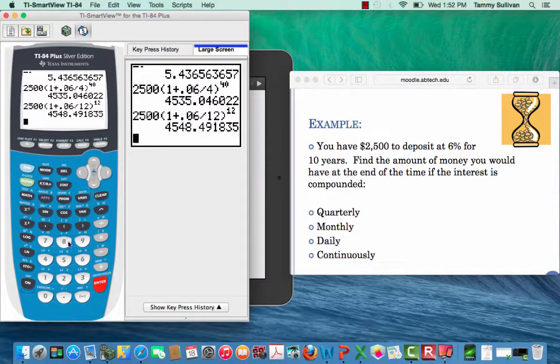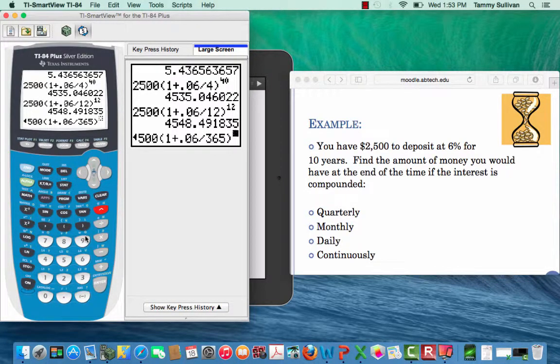So now we've got daily. So we're going to take the 2,500, and then it's going to be 1 plus the rate divided by 365, even though the bank, if it's in a bank, they're going to use 360, and then I'm going to raise this to, and it's 10 times 365, so that's going to be 3,650.